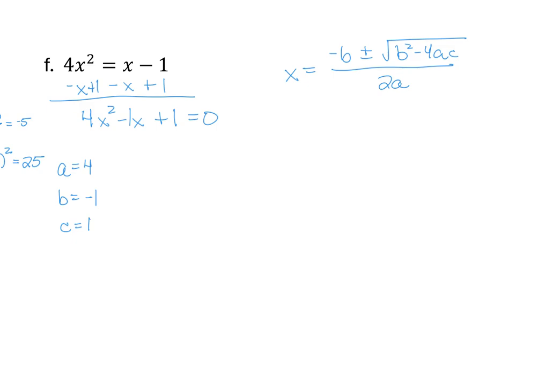When we plug in, we get minus negative 1 becomes plus 1, or positive 1. We have plus or minus. If we square negative 1, remember whenever we square something it becomes positive, and we get minus 4 times 4 is 16, times 1 is still 16.